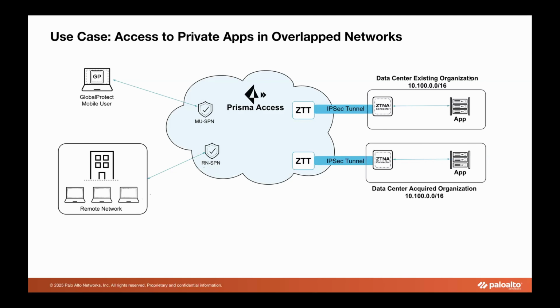So if your existing organization has acquired another organization and they have the same overlapping IP space, you can use ZTNA connector to connect to those private apps with the overlapped network scenario. We will be using FQDN-based app targets and wildcard-based app targets to do that, and we can support these overlapped networks through the ZTNA connector.